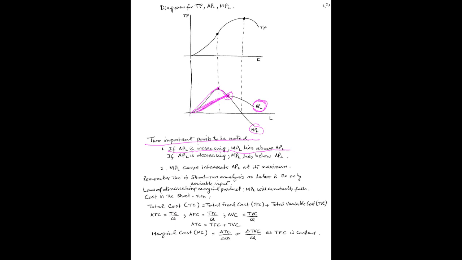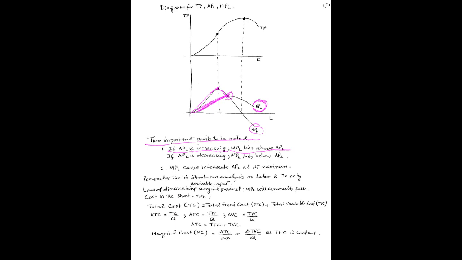Not right at the beginning, but a point is reached when marginal productivity of labor starts diminishing. We don't say decreases, we say diminishes. So this is law of diminishing marginal productivity.